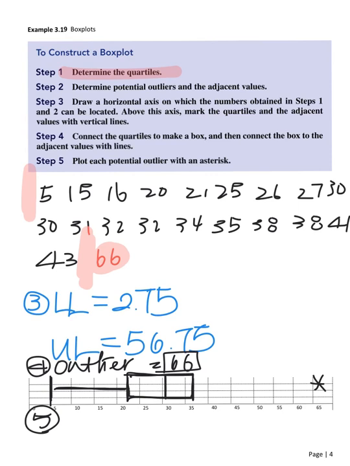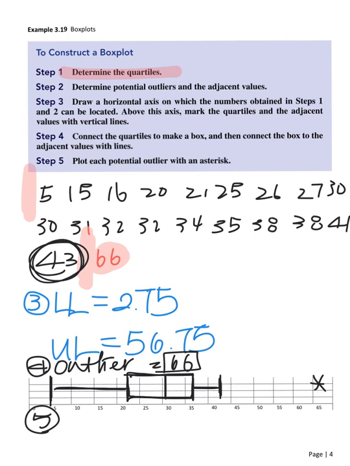And who is the biggest one lower than the upper limit? It is the second biggest one, 43. So the right whisker extends up to 43. We're done. It is the box plot.